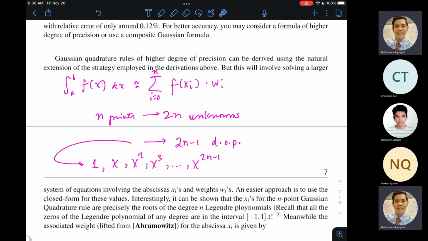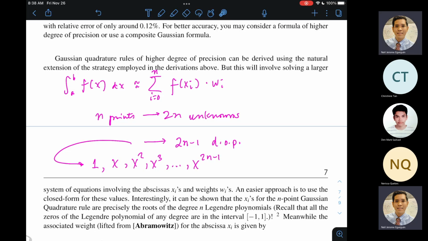Sa MATLAB, nakita nyo madali lang yung pagso-solve ng nonlinear system. Kaya lang ang problema kapag masyado nang malaki yung value ni n, mahihirapan na si MATLAB mag-compute ng solution kasi kapag symbolic calculations, napaka-expensive ng mga yan. Alright? Hindi katulad ng mga iterative numerical schemes na medyo kailangan lang mabilis yung CPU mo at saka may enough memory yung computer mo, the iterative algorithm can run smoothly.